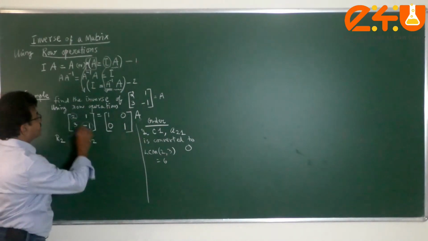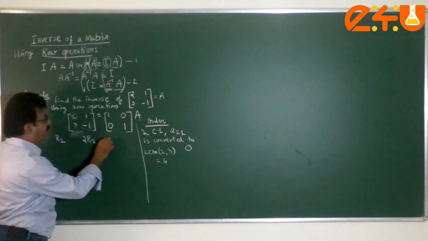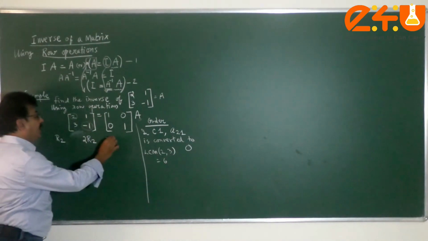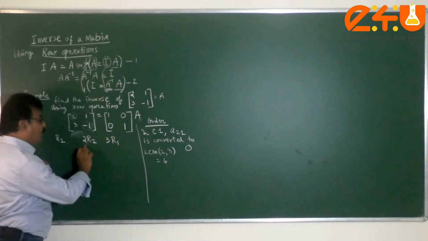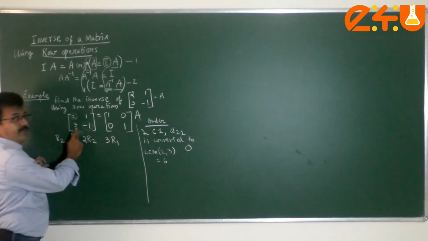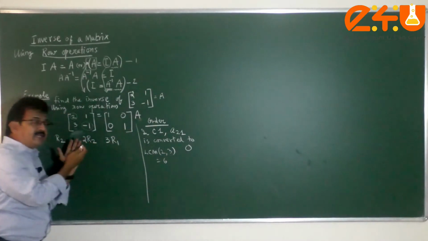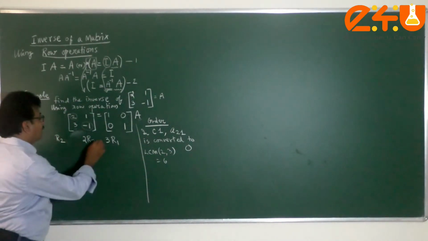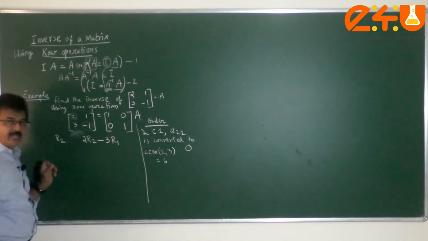So 2 is converted into 6 by multiplying it by 3. And where is the 2 present? In row 1. After making 2 times row 2, I get 2 into 3. That is most important. I understand all numbers are multiplied, but what matters for us is the first elements only.